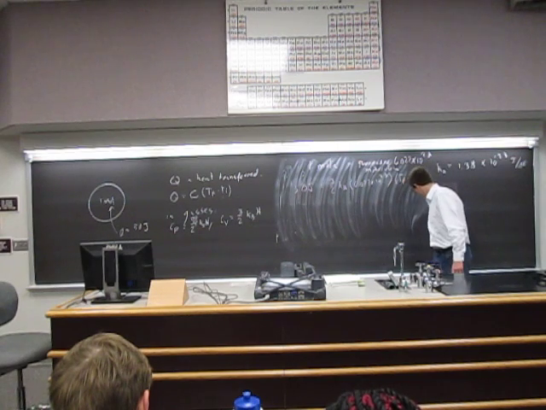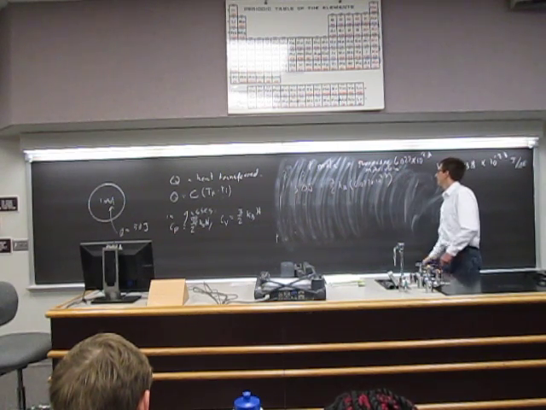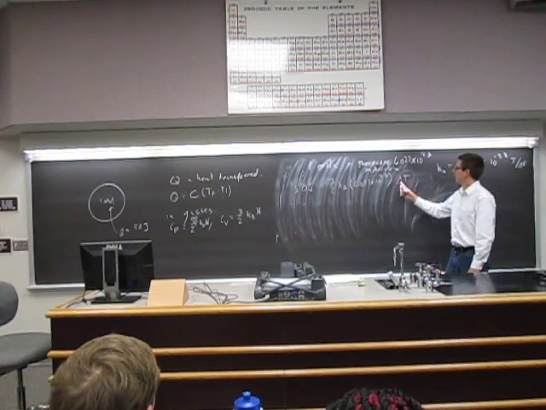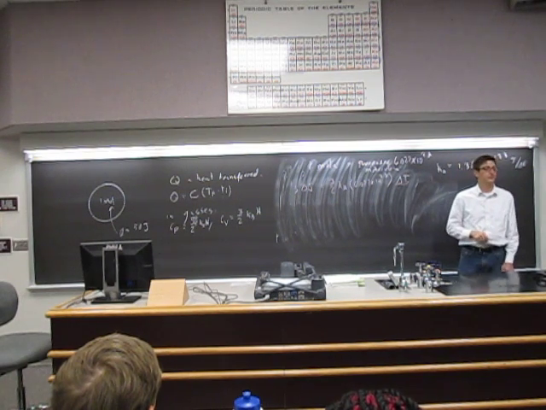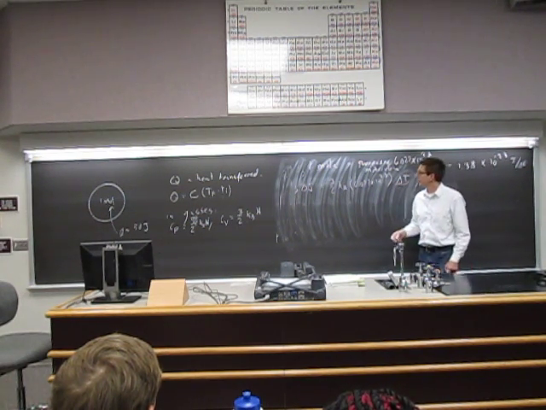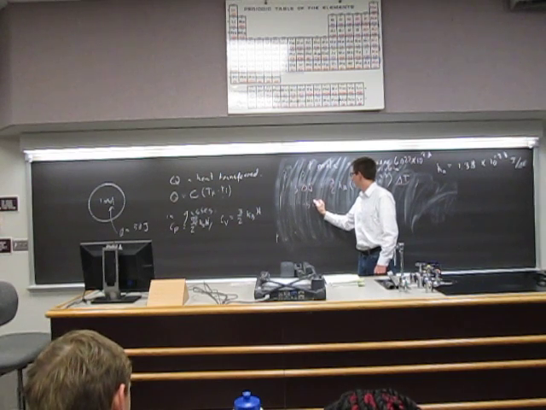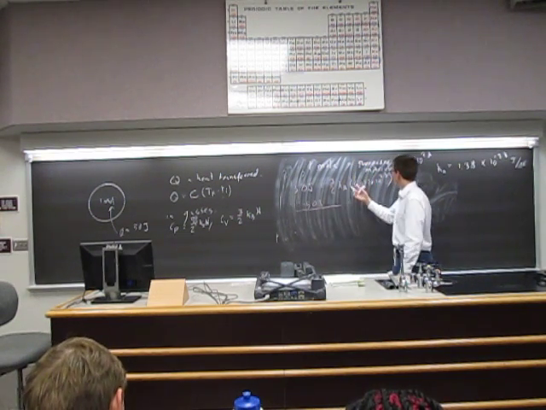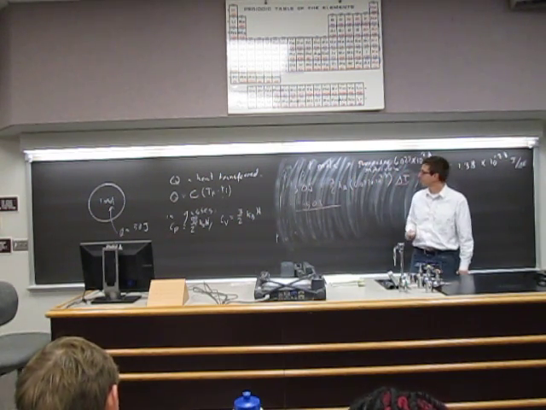So I'm going to call this delta T here. And I want to solve for this thing. So I take that 50 joules, divide by all of this stuff.